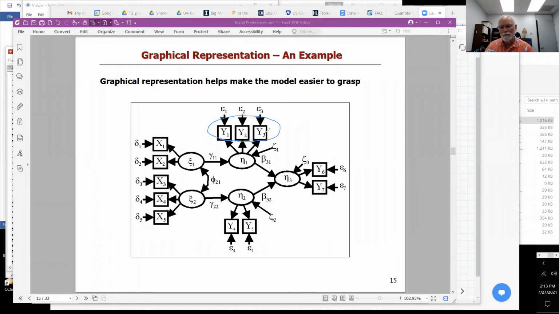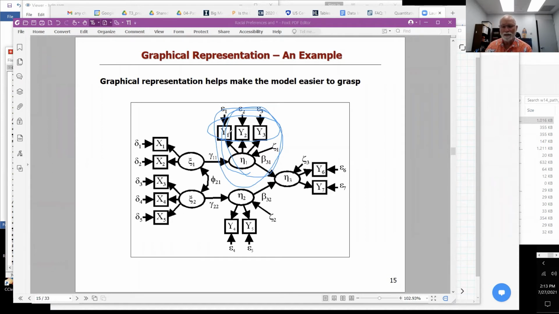In that approach, you're imposing a structure on this measurement model. If you say, I'm going to take three observed variables, y1, y2, y3, and add their scores up, and that will give me my index score, that's the variable I'm going to use in my regression.